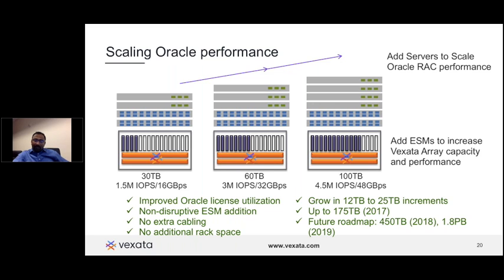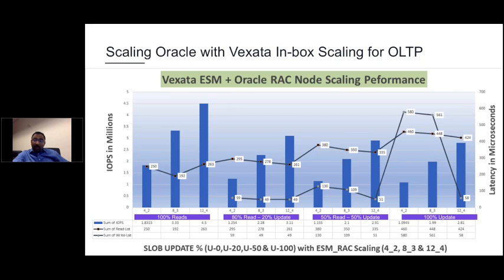So in the next slide, actually I show some of the actual Oracle numbers that we captured that show how nicely the whole thing scales. If you look at what we did here, we started with 4 ESMs and moved to 8 and 12, and we used 2, 3, and 4 servers to show how Oracle rack scales at a database level.